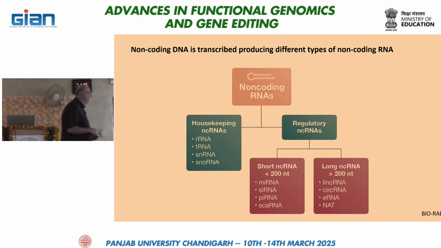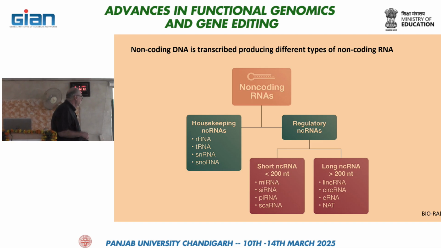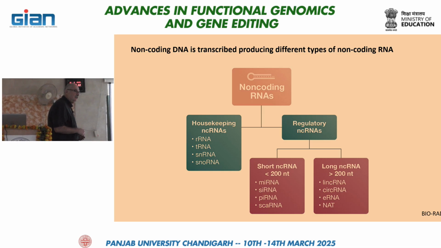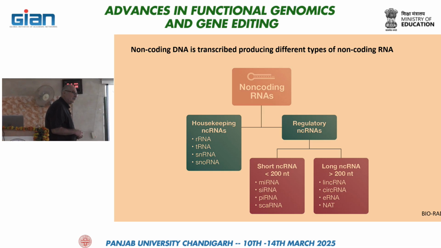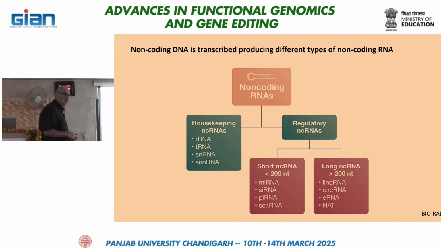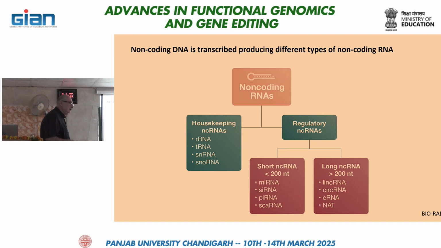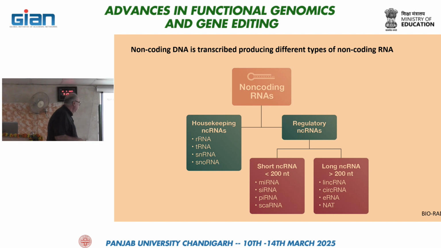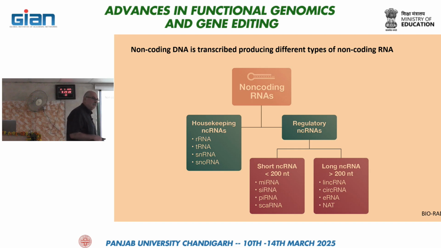The housekeeping group includes rRNA, ribosomal RNA, important for what? tRNA, transfer RNA, which is important for translation, for bringing amino acids. snRNA, small nuclear RNA, involved in splicing, removing introns from pre-mRNA, the mRNA precursors.